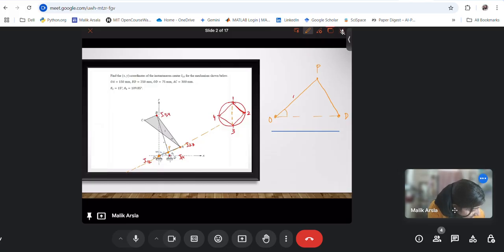And this here is theta 2, and this here is theta 4. Theta 2 and theta 4 both are given to me.